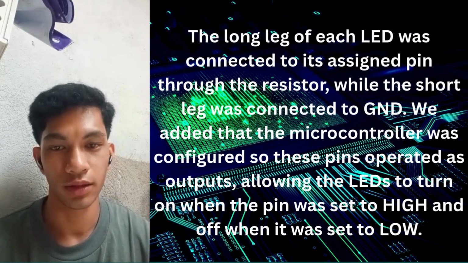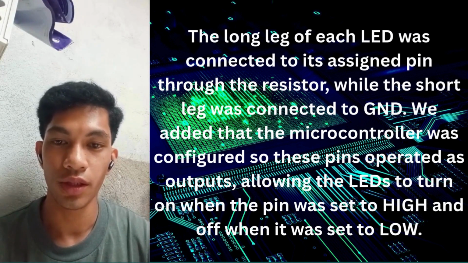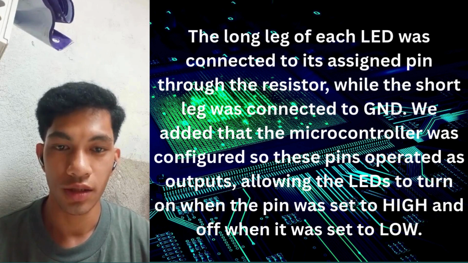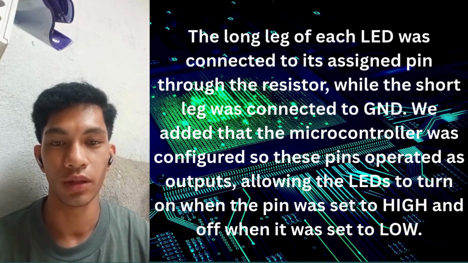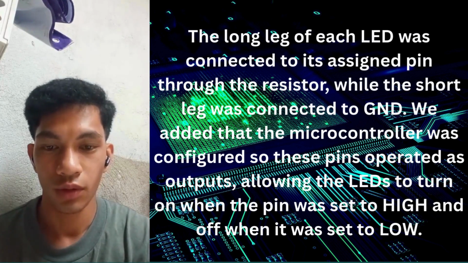We added that the microcontroller was configured so these pins operate as outputs, allowing the LEDs to turn on when the pin was set to high and turn off when it was set to low.